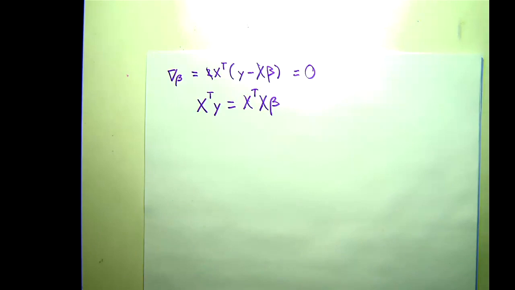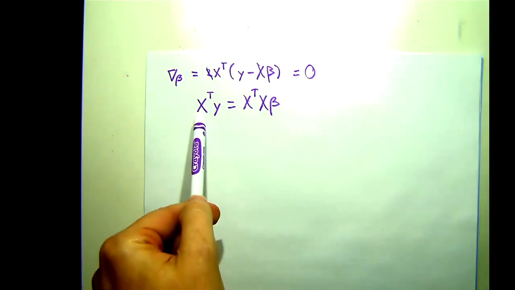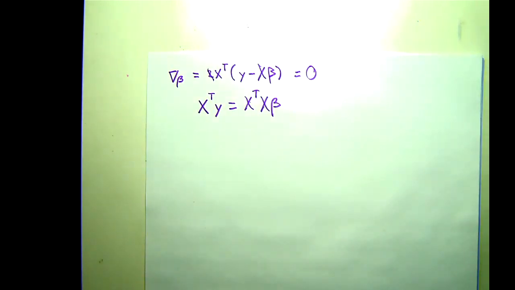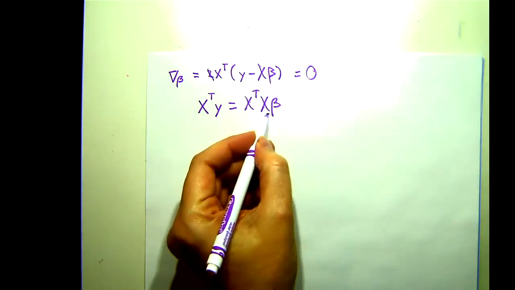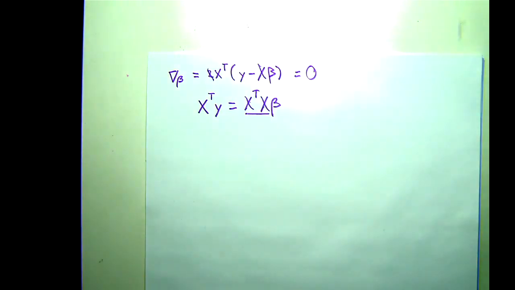Now, x transpose is not necessarily invertible. It's likely not even square. So we can't just take the inverse of x transpose to fix this equation, to make it easier. However, x transpose x, that's definitely square.